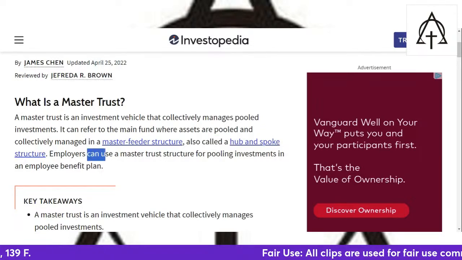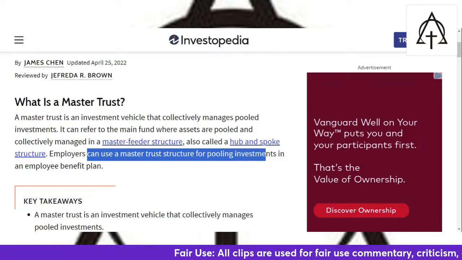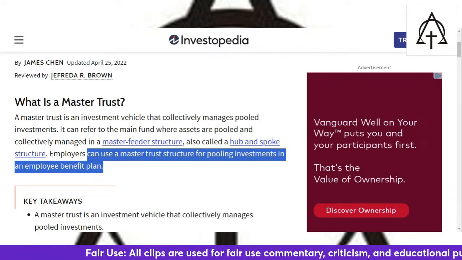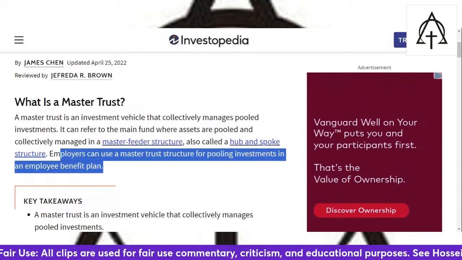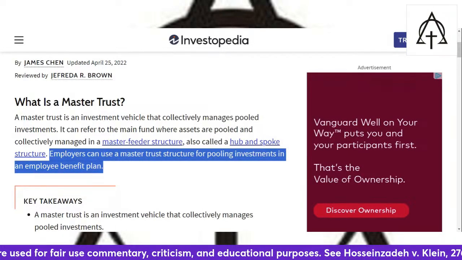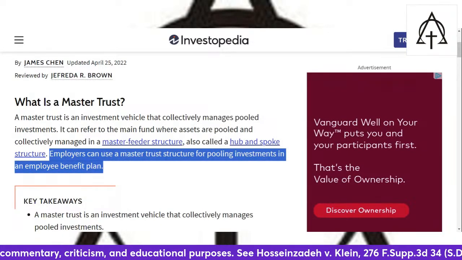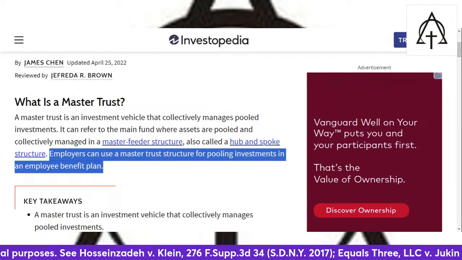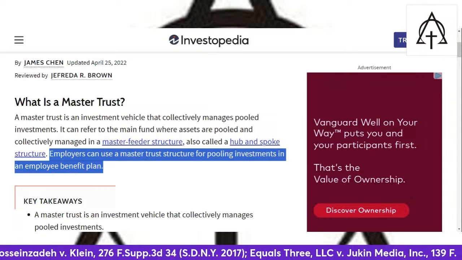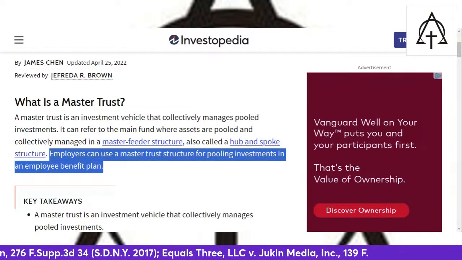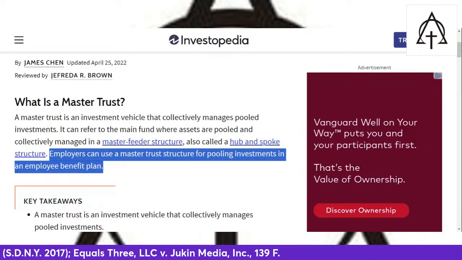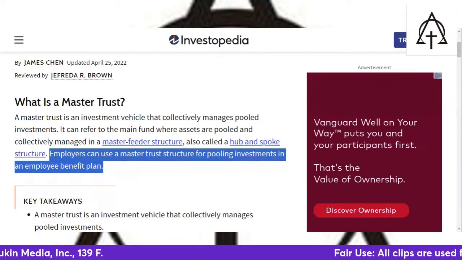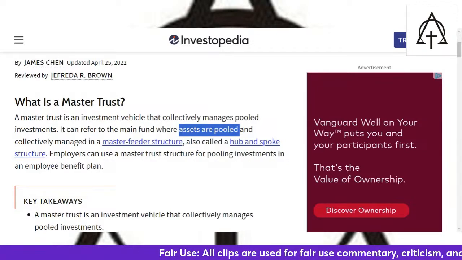Employers can use a master trust structure for pooling investments in an employee benefit plan. Medicare qualified government employee, and that is the enumeration. When you are enumerated at birth, you are considered an employee by resident status for income tax purposes because now you're involved in a hub and spoke structure of a master feeder collectively managed for pooled assets.